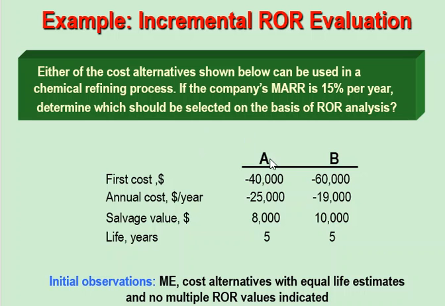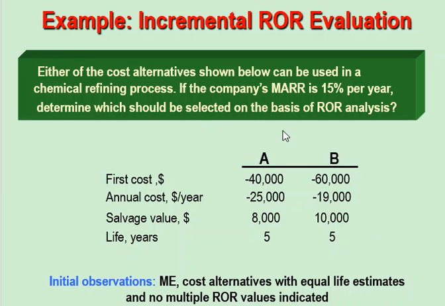So I put my payments like that. Alternative A, we have 40,000 and 25,000 cost, and then I have salvage value 8, life 5 years. For the second alternative, I also put all the information in a table like that. It will make my life easier.